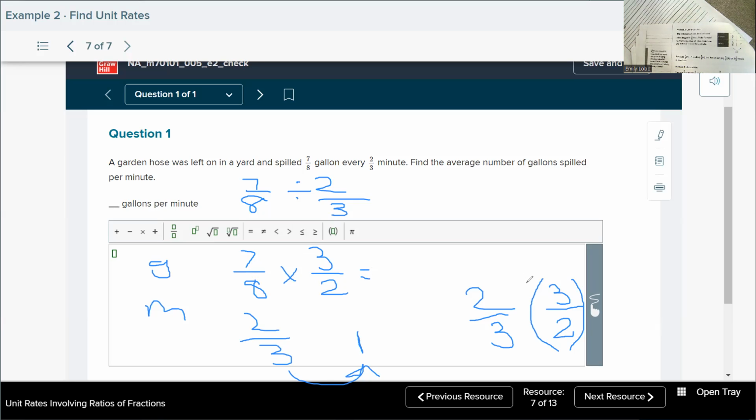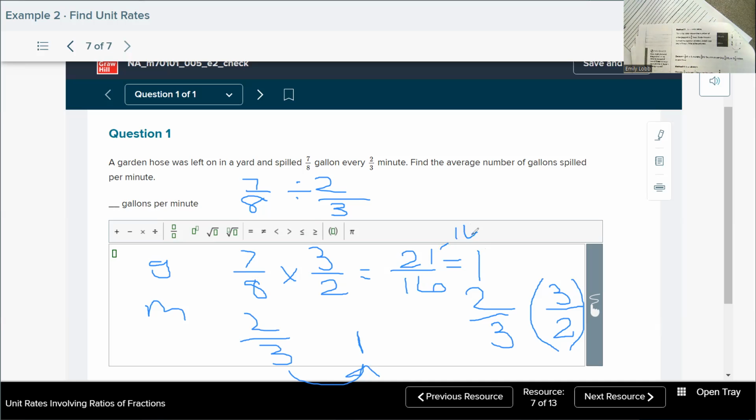What's 7 times 3? 21. And what is 8 times 2? 16. Now, if I'm changing to a mixed number, can I take more than one group of 16 from 21? I cannot. If I take one group of 16 out, I'm subtracting 16.